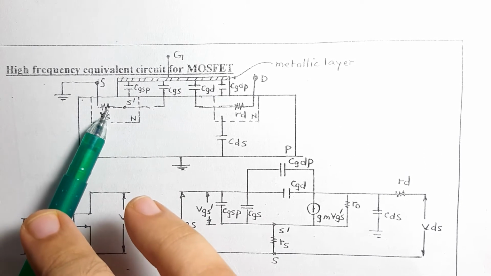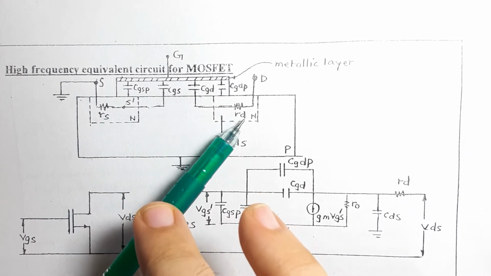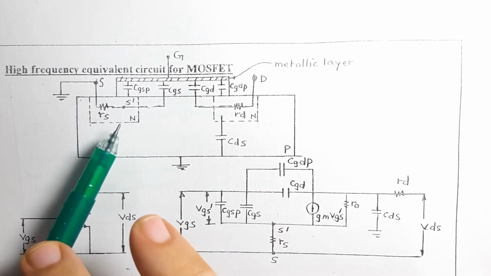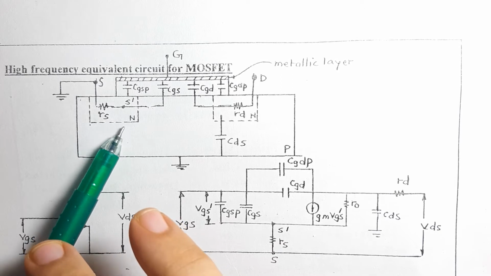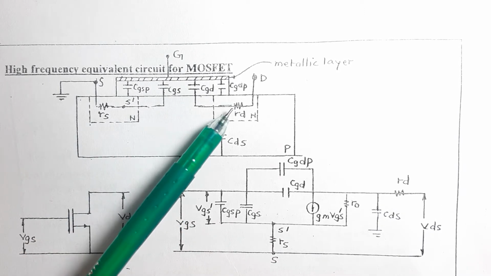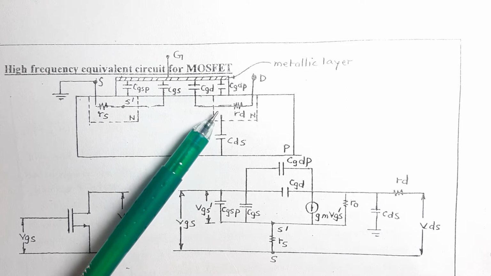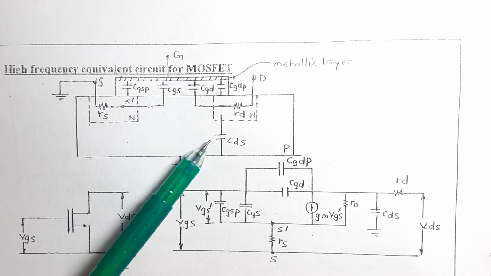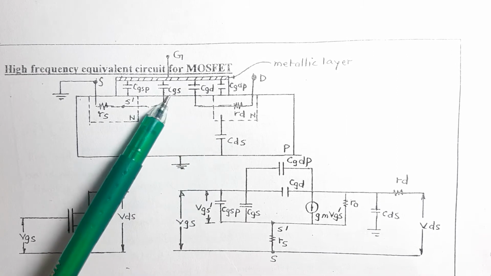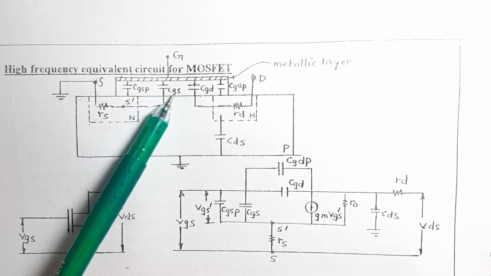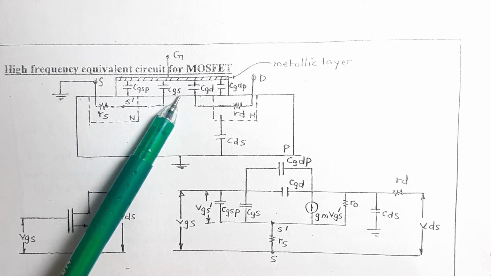This was the source terminal and this was the drain terminal. If you look carefully, certain capacitors are now included over here. This is the capacitor CDS, included between your drain and your source. The capacitor named over here is CGS.